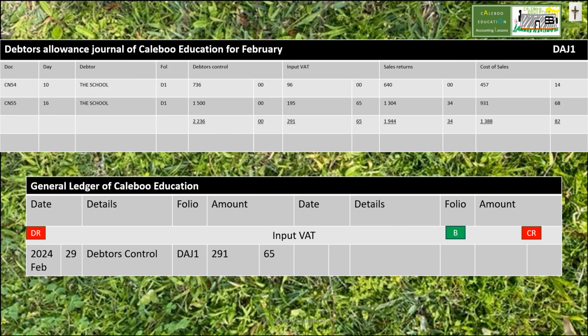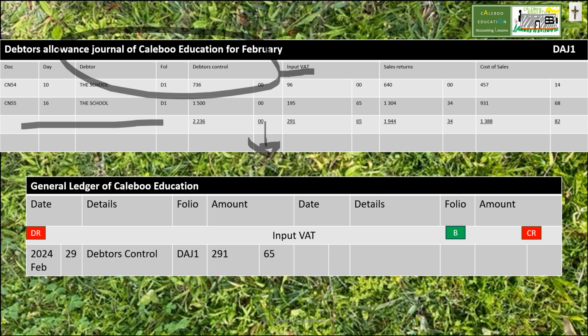We haven't yet finished taking the information from the journal to the ledger. Here we're looking at input VAT. Now remember, the type of transaction that took place here was the school returning stock or items that they purchased from us, Calibre Education.